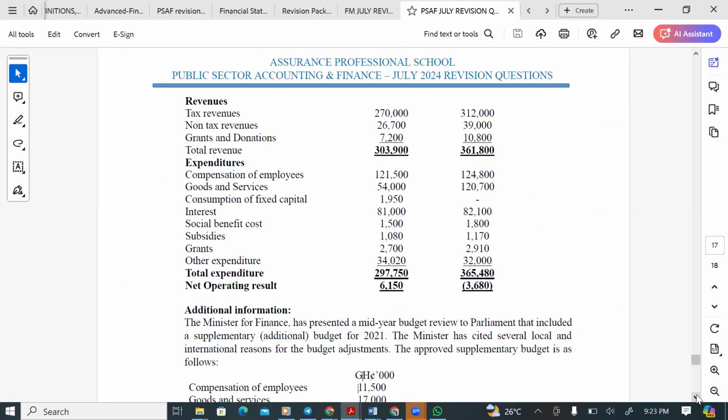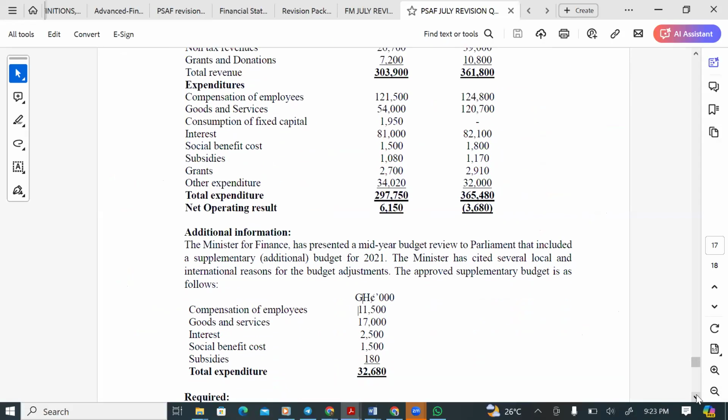Hello, sir. Yes, please. So please let me understand. In this case, it means that they are doing well in respect of their expenditure. Yes, please. Okay. So consumption of fixed capital, there is none.